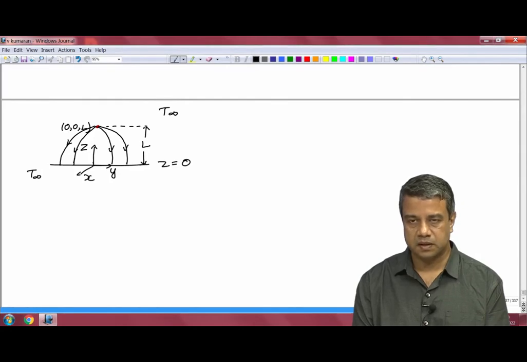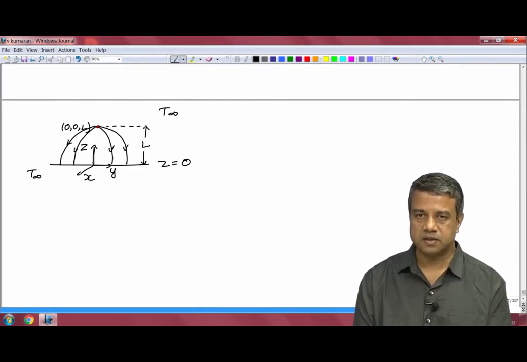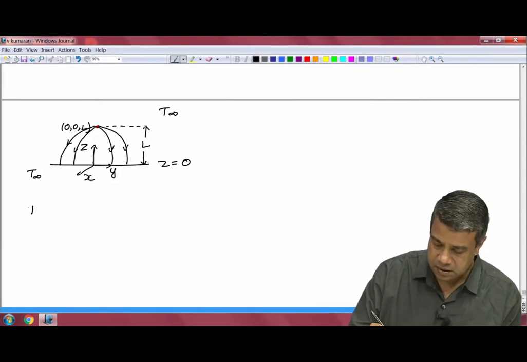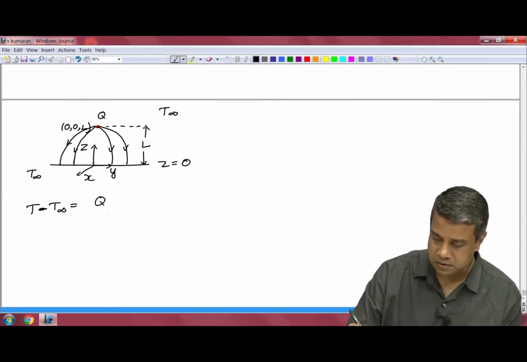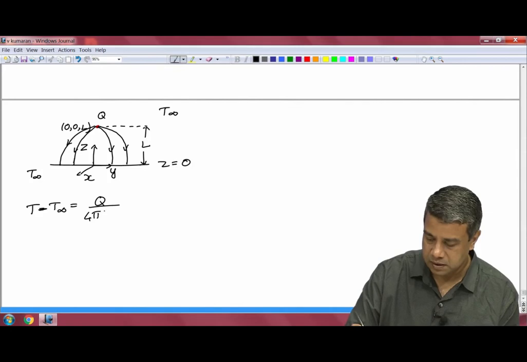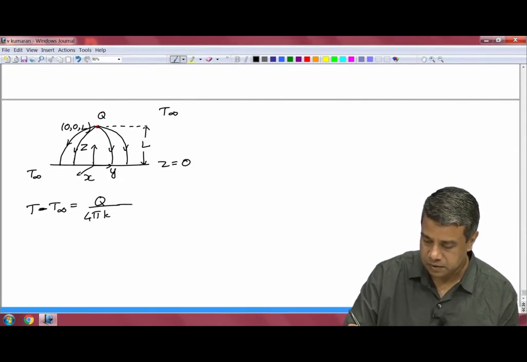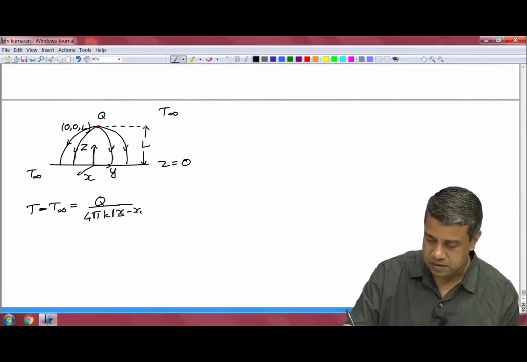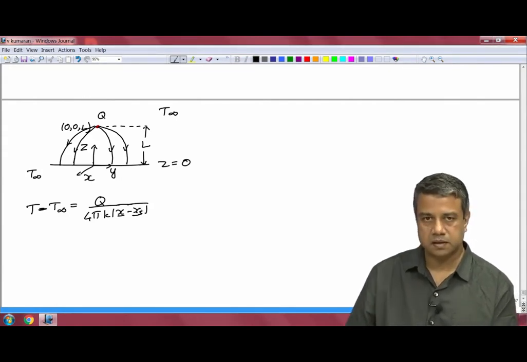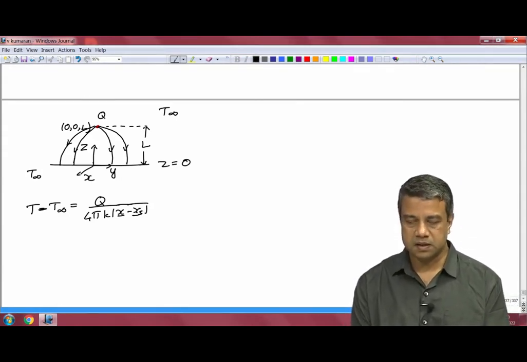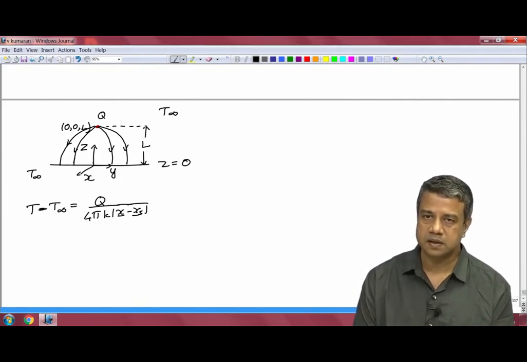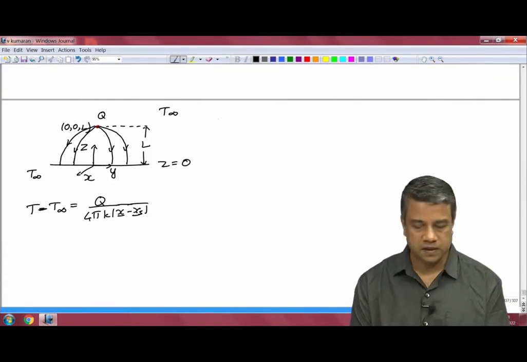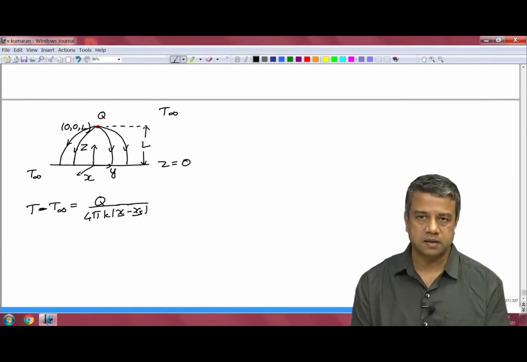Now, if we used the same solution that we had earlier, T minus T infinity is equal to the source strength Q by 4 pi k into x minus xs, where xs is the source location, this temperature will not satisfy the requirement that the temperature has to be a constant on the plane, or that the flux lines have to be perpendicular to the surface on the plane.